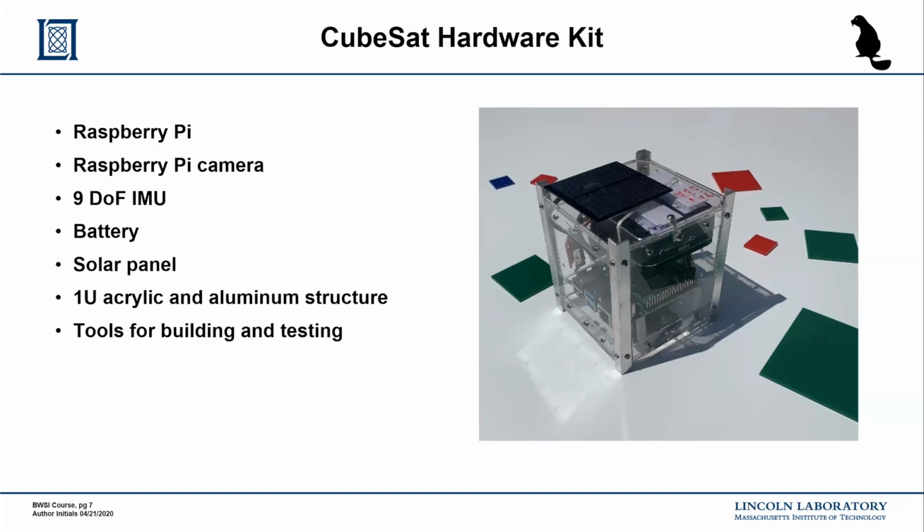We'll also be supplying some additional materials in there that'll help you build and test. While these components aren't necessarily all flight space qualified, they are representative of what we would really launch for a real CubeSat mission. And in fact, MIT does regularly launch Raspberry Pis on their CubeSats.